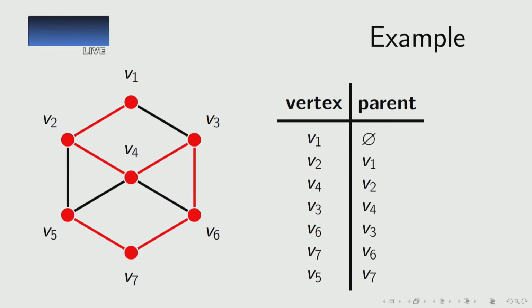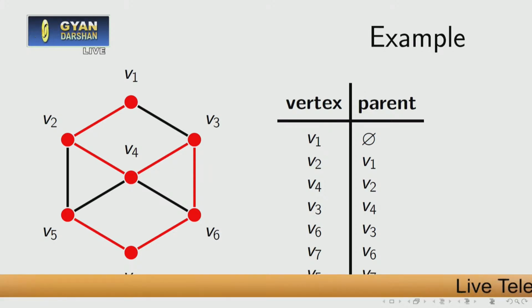Suppose let's consider the edge V1V3. For this edge there exists a path in the spanning tree. Now how to get that path? That path can be obtained using the information about the parents of the vertices. For instance, let's look at V3.